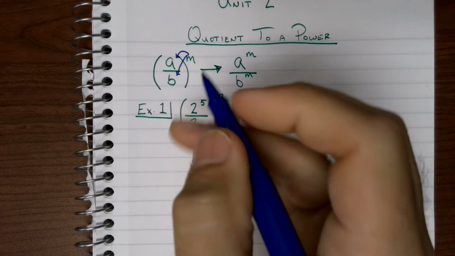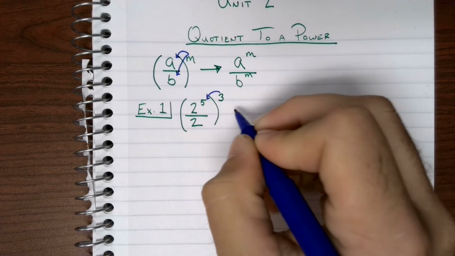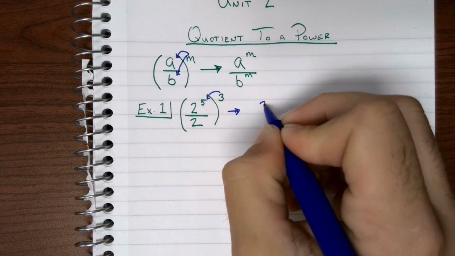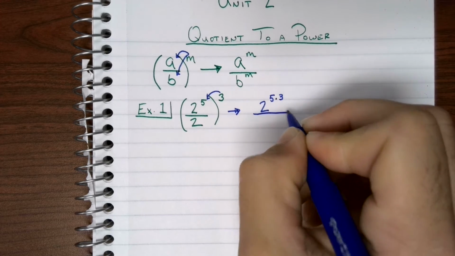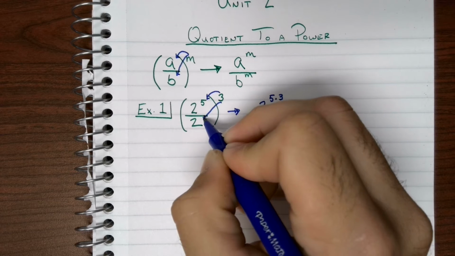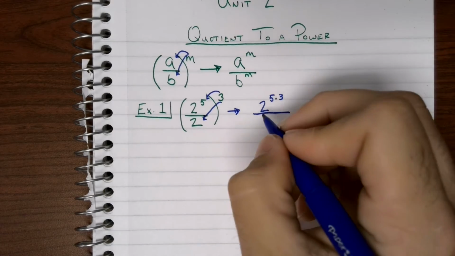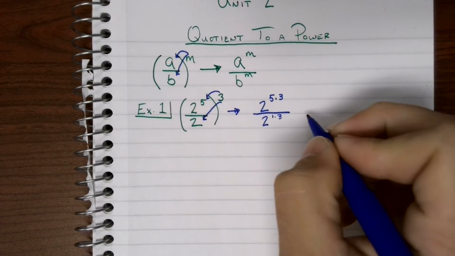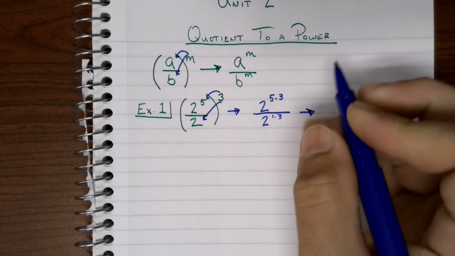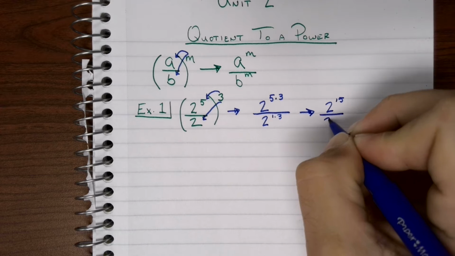All right, so I will take this 3 here, so that would give me 2 to the 5 times 3 over, distribute your 3 down here, your 2. Remember, if there's no exponent, there's automatically an exponent of 1. Okay, so that's going to be 2 to the 1 times 3. And when you work that out, you'll get 2 to the 15th over 2 to the 3rd.